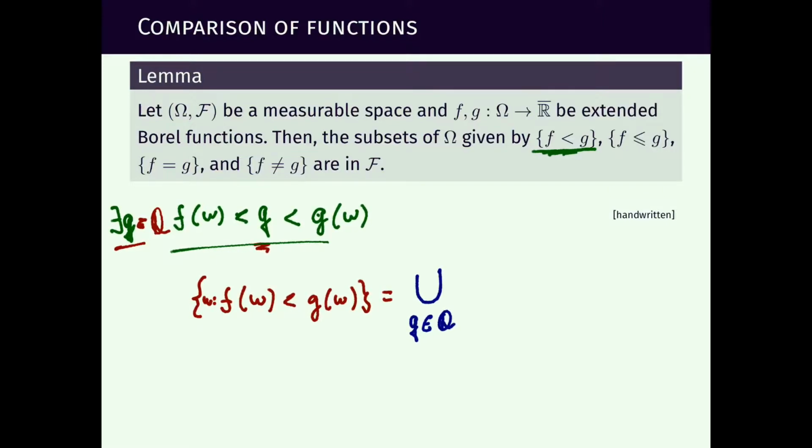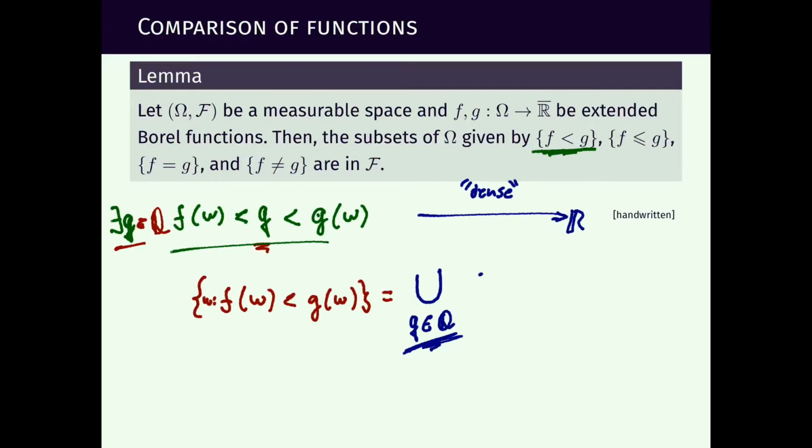We are using rationals all the time but we're not using any particular property of rational numbers except the fact that they are countable and that they are dense all over the real line. Dense means every interval has rational numbers. So we take the union over q rational, and this is a countable union. This is the important thing.